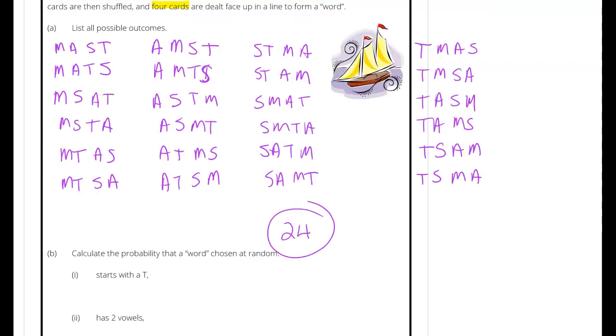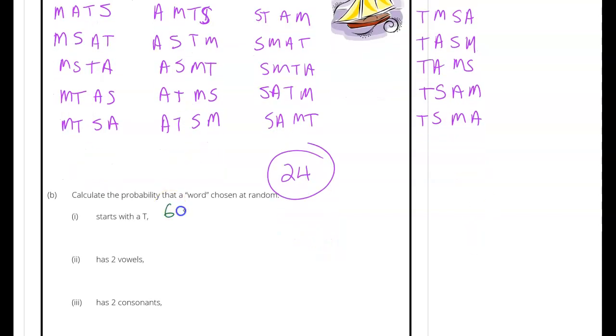Okay, no, that's 6. There's 6 out of 24. How many have 2 vowels? Aoife, you're up. 5? 5 have 2 vowels, are we sure? Wait, no, 2 vowels, none. None. The only vowel in any of those words is an A. Okay, if it says it has 2 consonants.